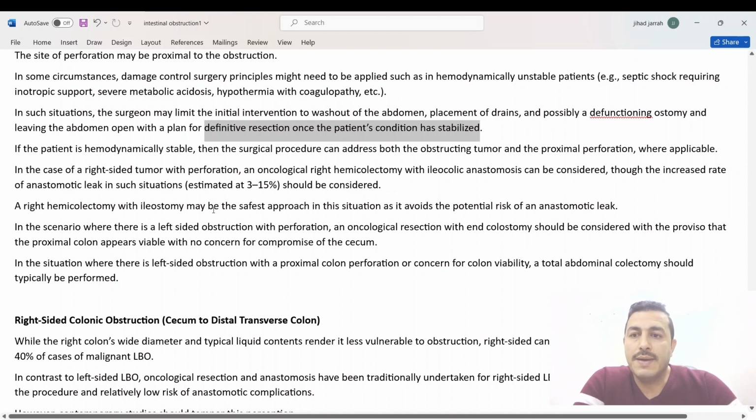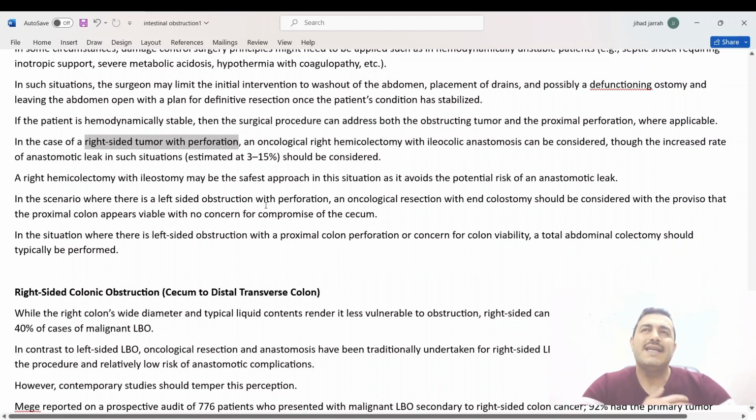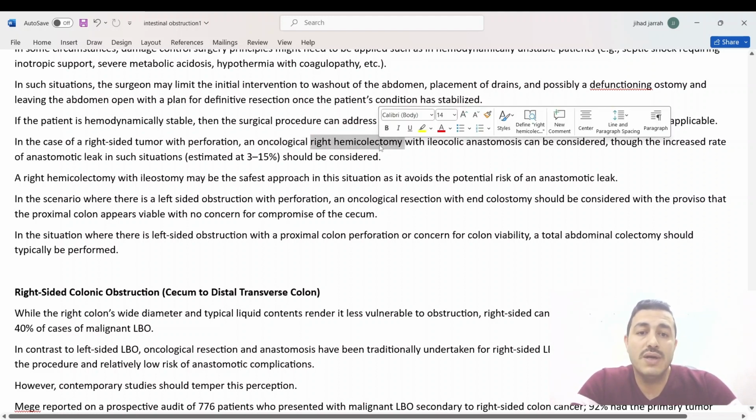For example, with a right-sided tumor with perforation, it is classic to proceed for oncological resection if we can. If the patient is hemodynamically stable, we can proceed for right hemicolectomy with ileocolic anastomosis.